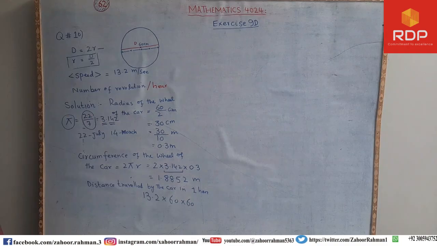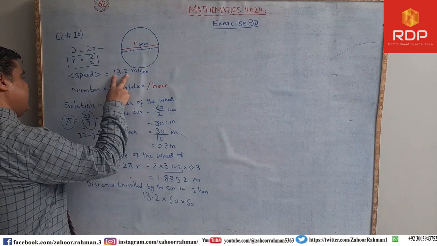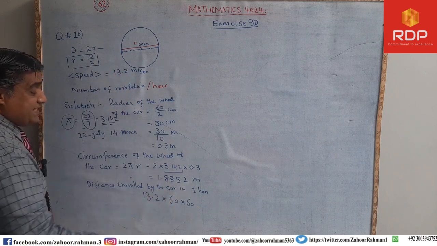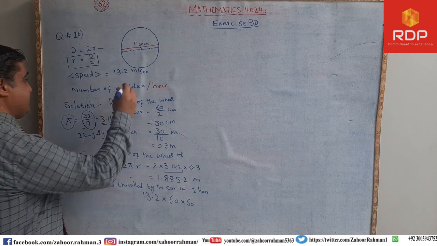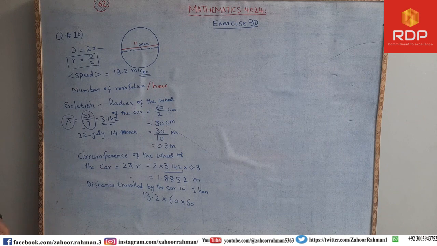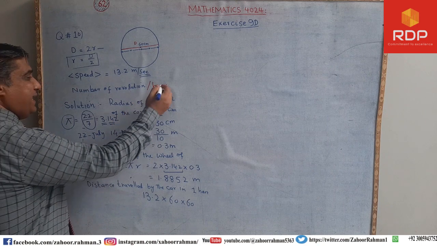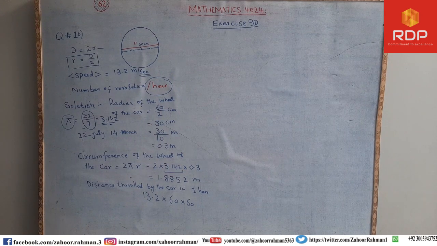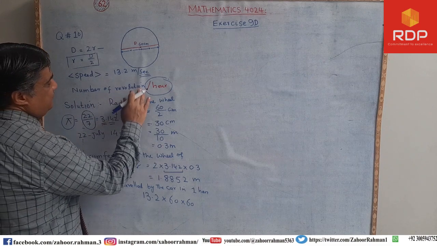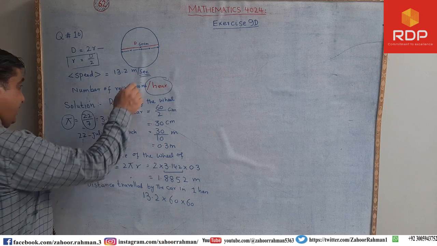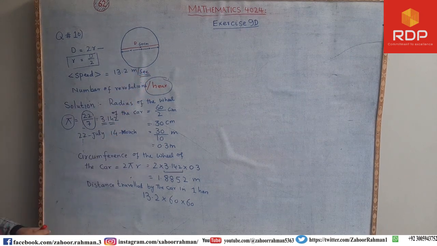It is quite understandable that 13.2 is given, but why 60 multiplied by 60? Because the speed is given in seconds and the question is asking per hour, just like I wrote in red. We have to find the number of revolutions in 1 hour, so we have to convert seconds to hours.